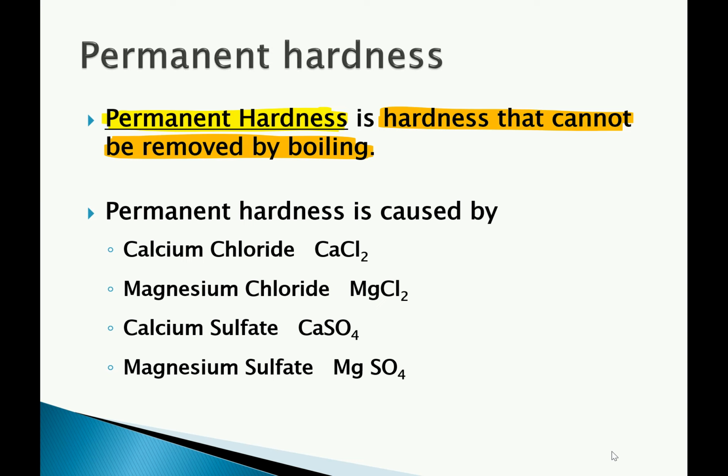For permanent hardness, it's caused by the presence of chloride ions with the magnesium or calcium, or sulfate ions with the magnesium or calcium. And the reason why they can't be removed is because boiling them doesn't break them down. Boiling them does nothing to them, so that hardness in the water will stay, which is why we call it permanent.